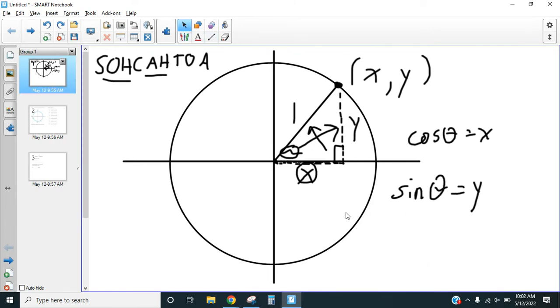So if we know an angle on the unit circle, we call it the unit circle because when you're referencing anything in measurement, a unit means 1, right? Literally the prefix UNI means 1, right? This is a unit circle.